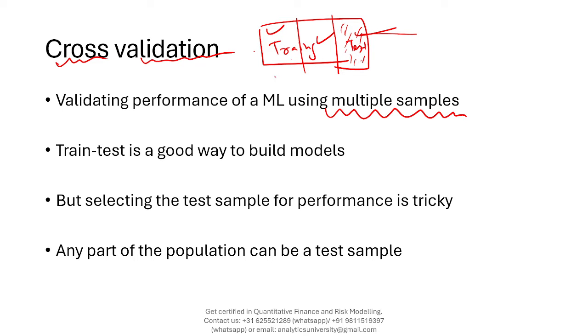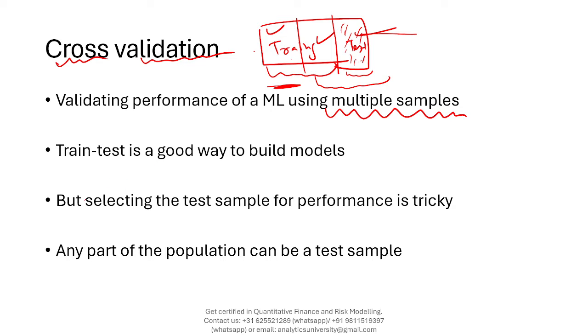Maybe one time this particular part will be training, the other part will be test, and it can change, right? This part can be the training and maybe this part will be the test. So if you keep on changing that, it gives you more accuracy about your performance assessment, and that's called cross validation, where you take multiple test data sets to assess model performance, right?